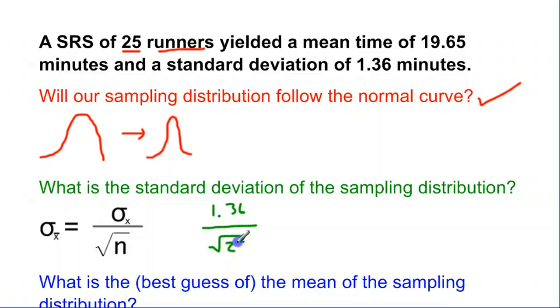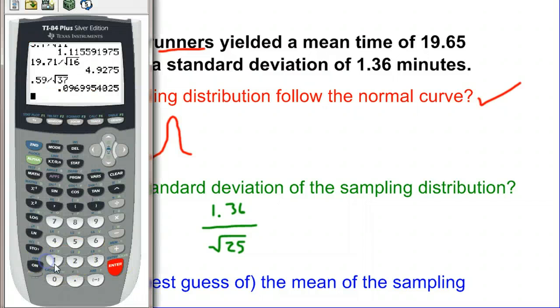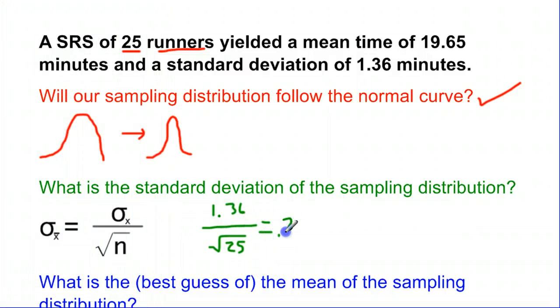So 1.36 divided by 5 is going to be 0.272. And so that's the standard deviation of the sampling distribution, which we would write as sigma x bar.